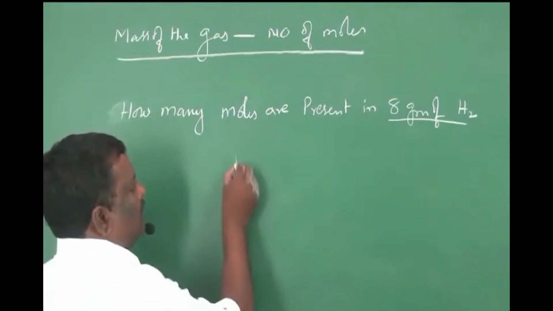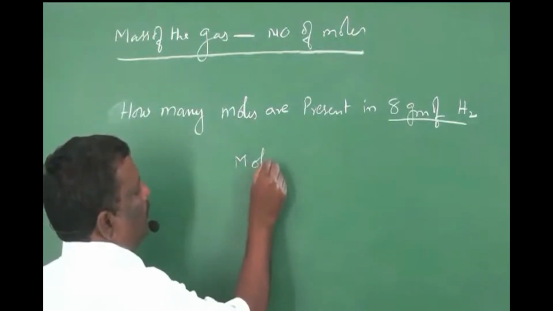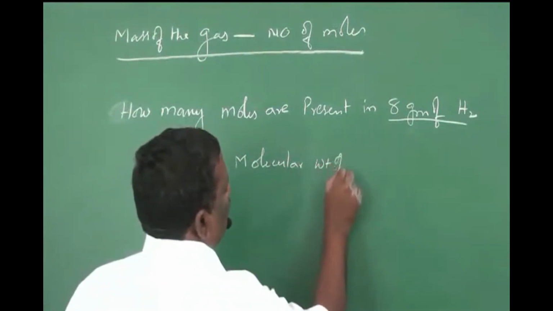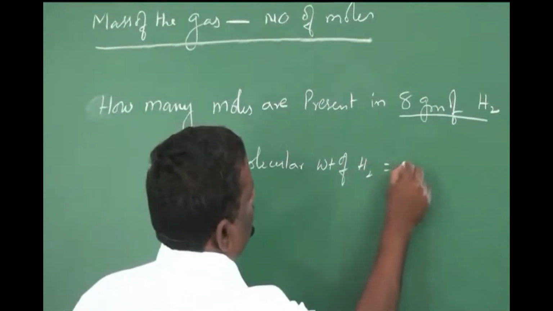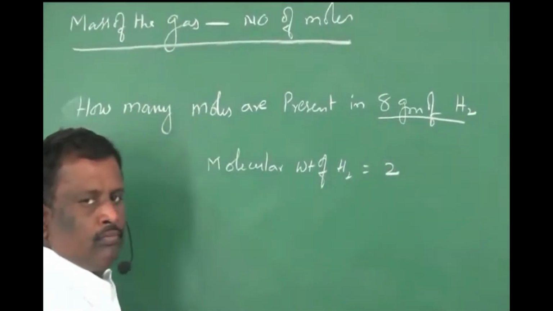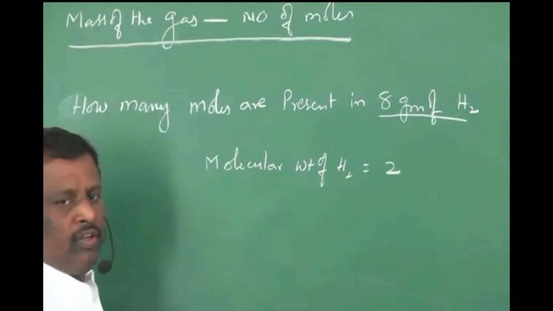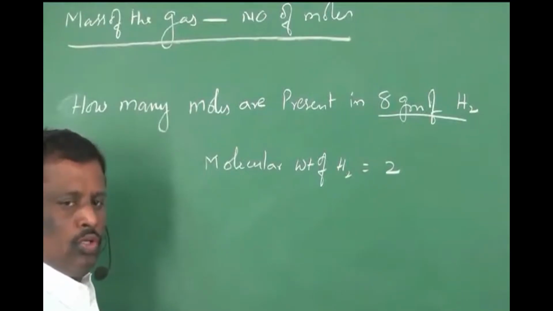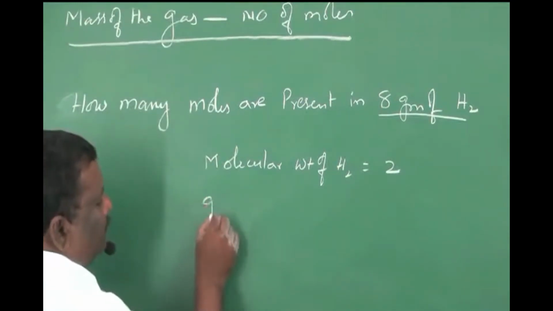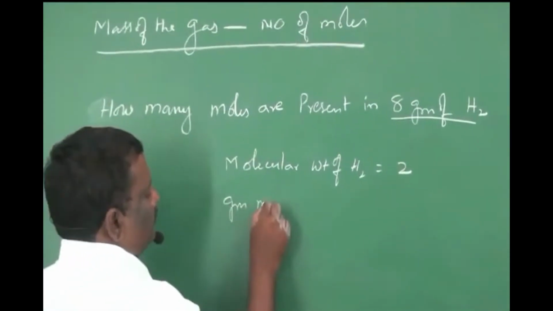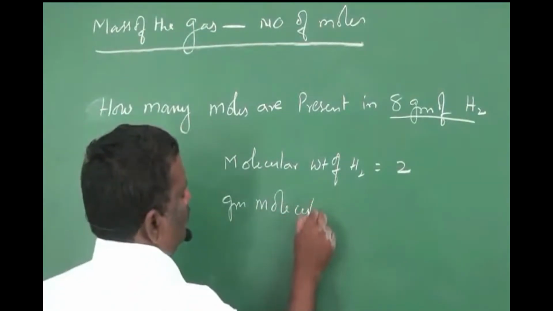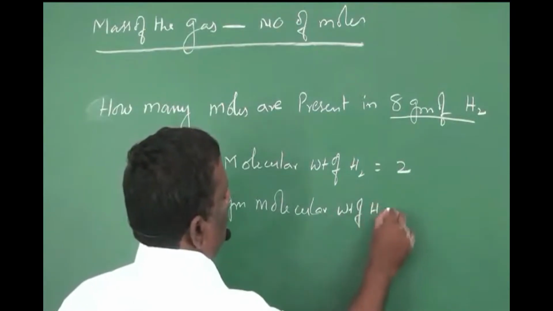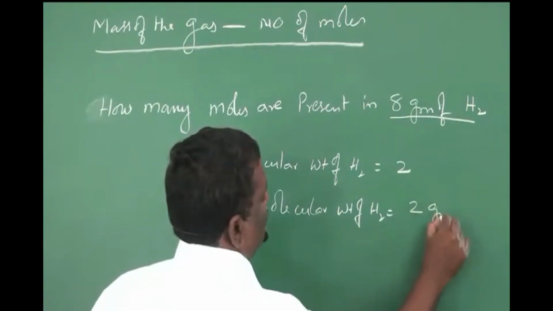So here first you have to write down molecular weight of H2 is 2. Molecular weight of hydrogen is 2. So if molecular weight of hydrogen is 2, its gram molecular weight, H2, will be 2 grams.